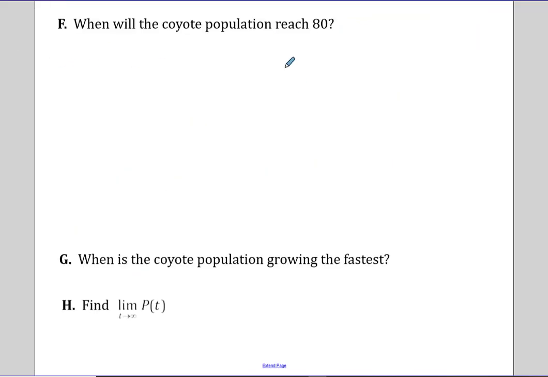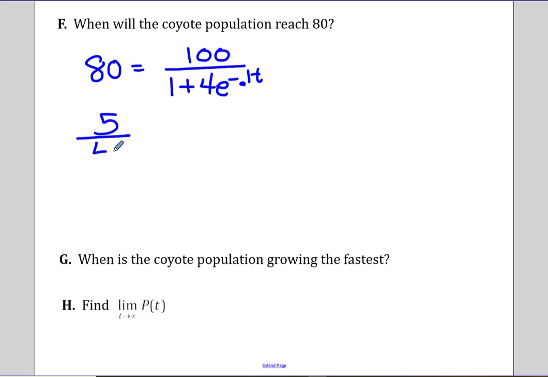They want to know, when will the coyote population reach 80? So we could do that algebraically. When 80 is equal to 100 over 1 plus 4e to the negative 1/10 t. And 100 divided by 80, that's 5 over 4, is equal to 1 plus 4e to the negative 1/10 t.